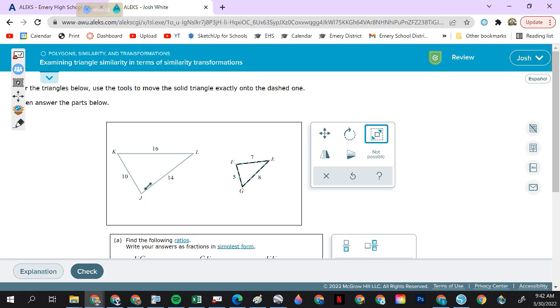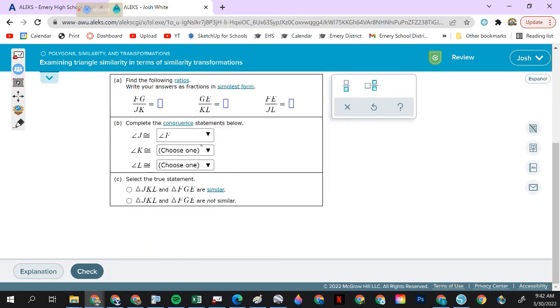So K is between the 10 and the 16. So K and G are congruent. So G, and that would leave E. So JKL is similar to FGE.